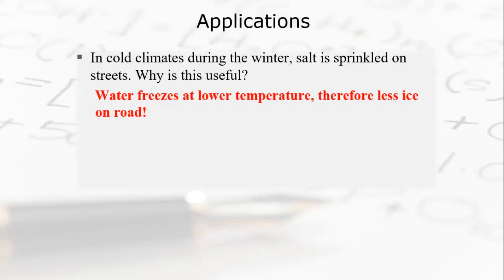So if I am slightly above that new freezing point, let's say the freezing point would have been minus 20, and the temperature is super cold, but it's only minus 10 degrees Celsius. That's funny, only minus 10. That's pretty cold, actually. But therefore, the water at that temperature will stay liquid. It melts. So there's less ice on the road. This is done to prevent ice from building on the roads and accidents happening.